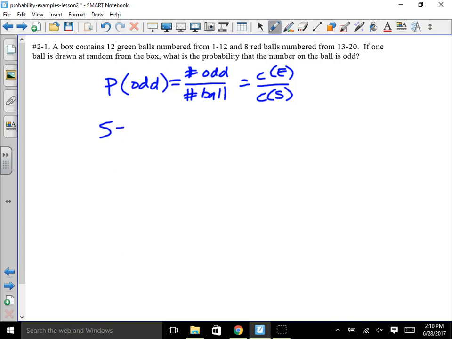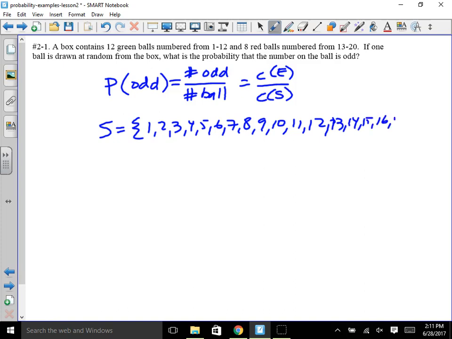The sample space can be thought of as the set of all the balls, right? So first of all, there's 12 green balls that are numbered 1 to 12: 1, 2, 3, 4, 5, 6, 7, 8, 9, 10, 11, and 12. And then there are 8 red balls that are numbered 13 through 20: 13, 14, 15, 16, 17, 18, 19, and 20.